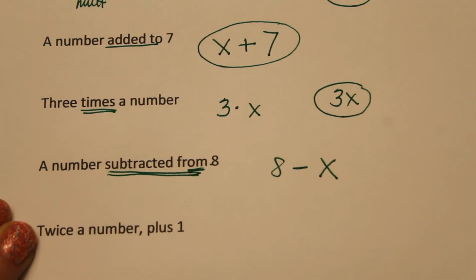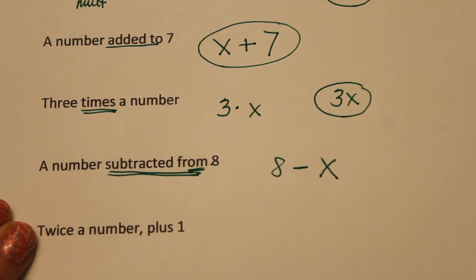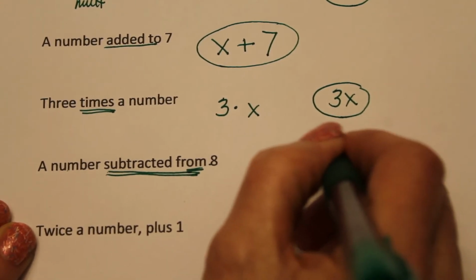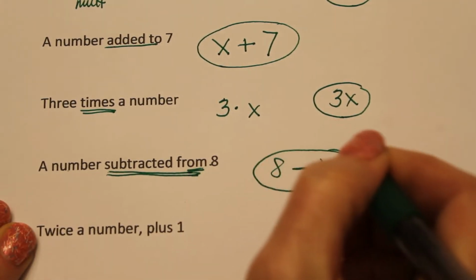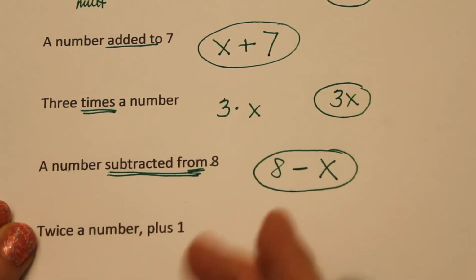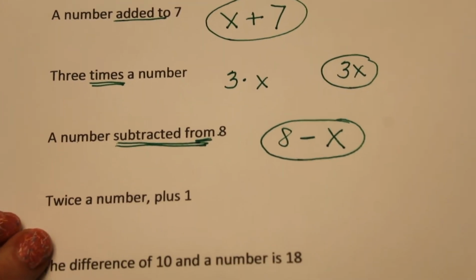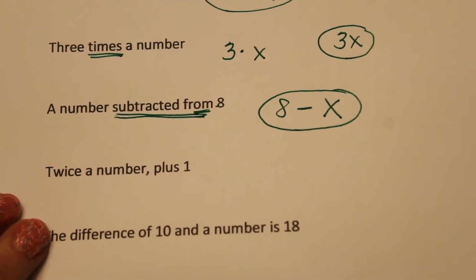So if my number was 4, it would be 4 subtracted from 8. If my number was 7, it would be 7 subtracted from 8. So the order here would be 8 minus the number. Subtracted from means you've got to swap the order in the mathematical expression.